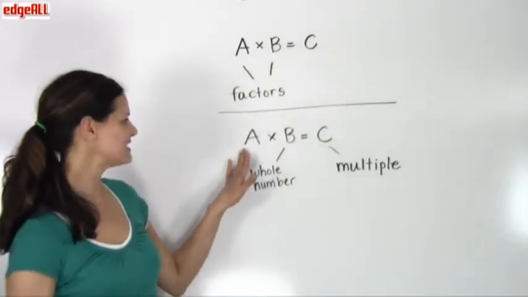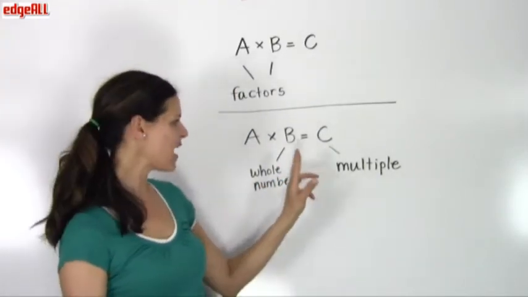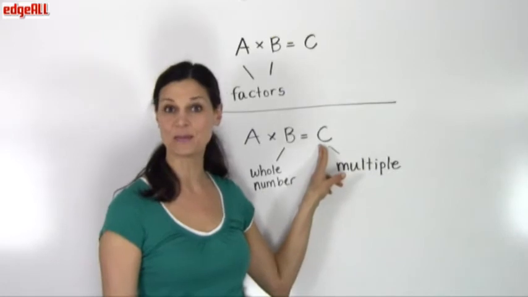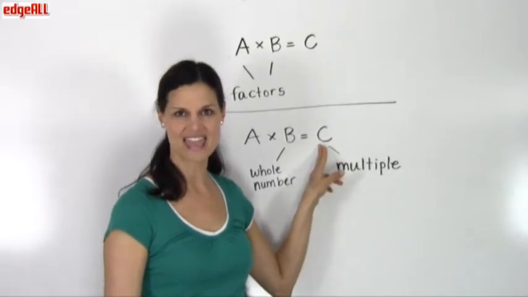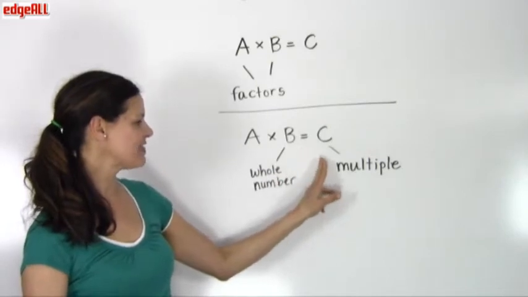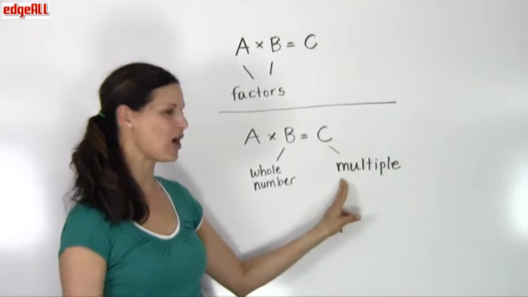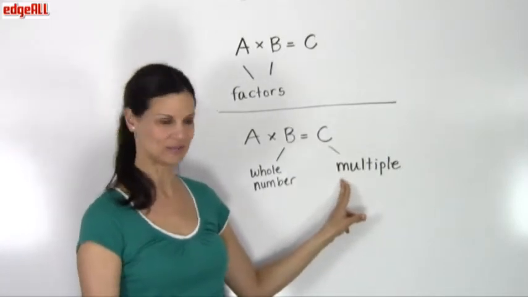So again, similarly, we have A times B equals C, but now we're going to look over here at the product of A times B. When we multiply two numbers together, then we get the product of C. The product is C. We call this the multiple.